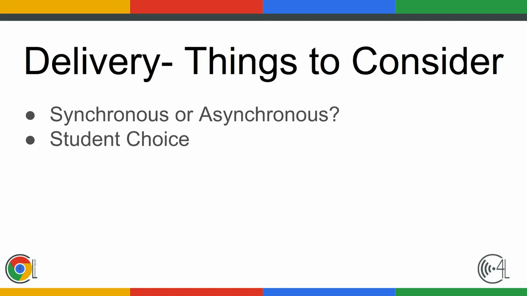Second thing to consider is student choice. So one very important thing with blended learning is that choice and voice are very important. And what we mean by that is the student getting choice in the ways in which they learn and a voice in how they do that. And so that can be done even with the delivery. You can give choice in how the students actually learn the content, how they get that delivery of content.